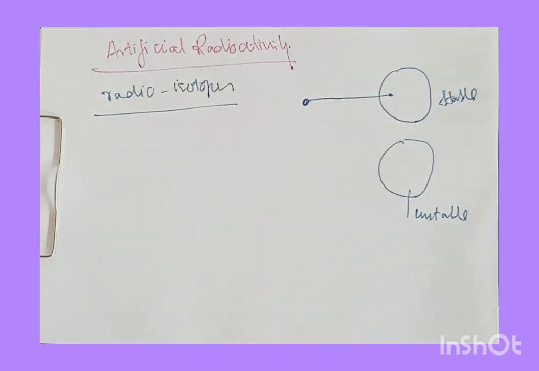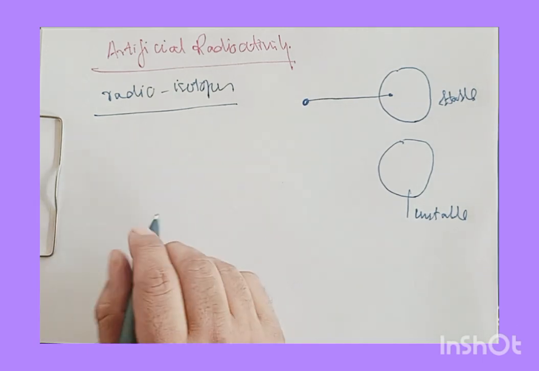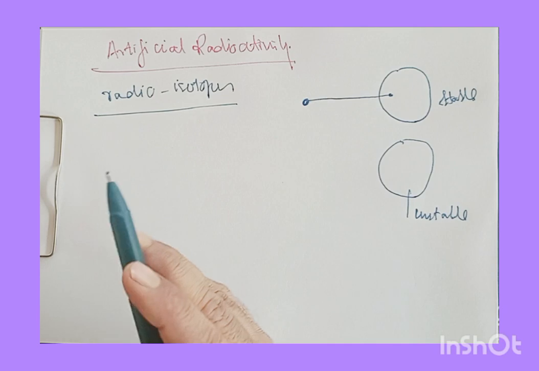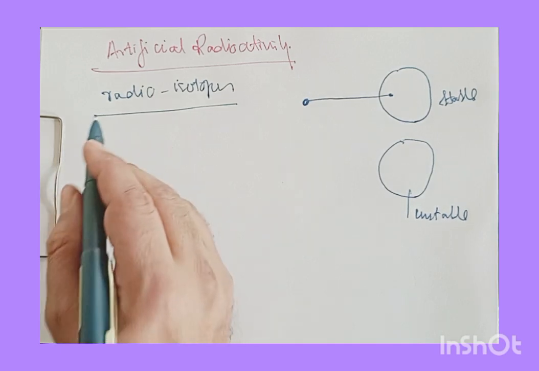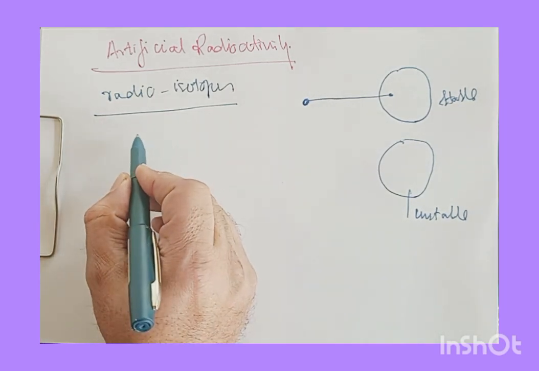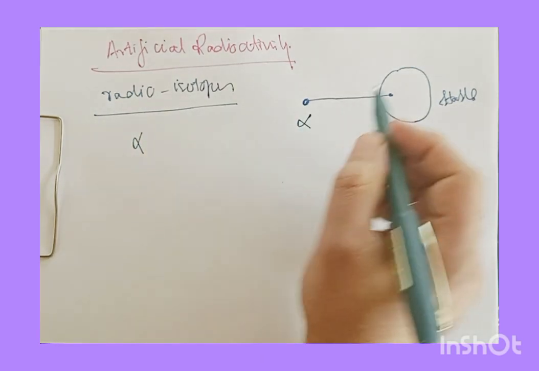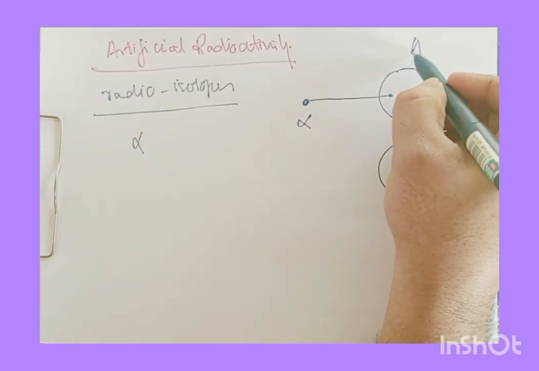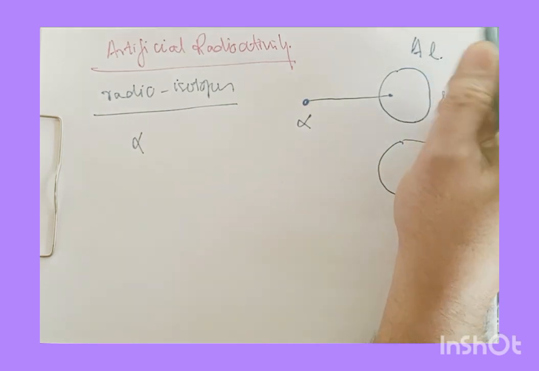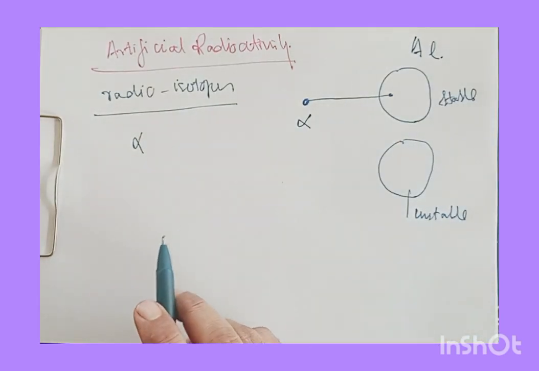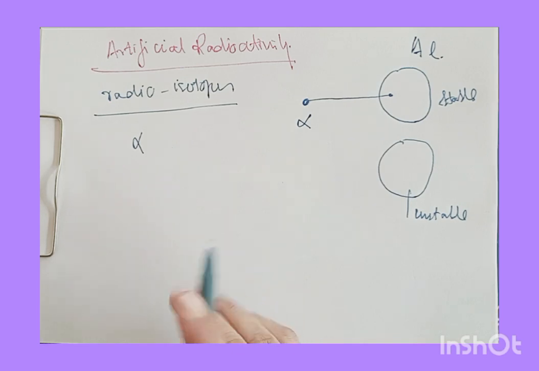Let's have an alpha particle, and bombard it on aluminum. Suppose this is an alpha particle, and this is the aluminum atom.